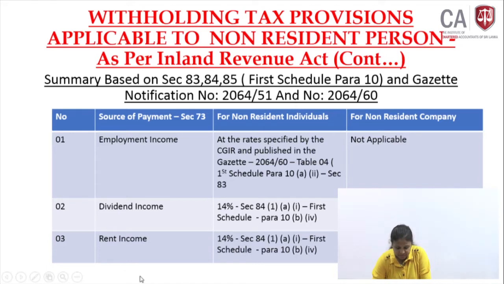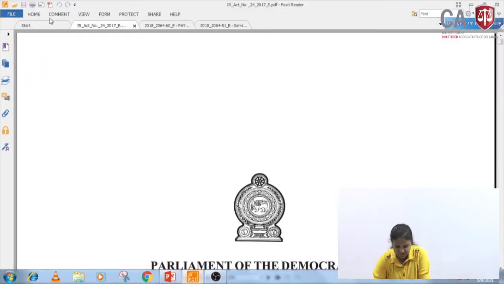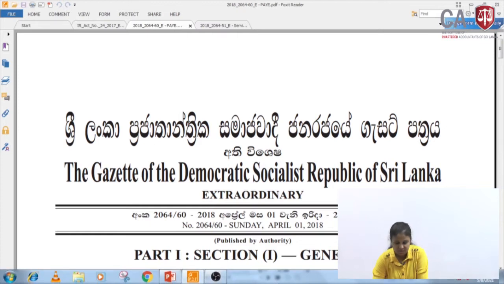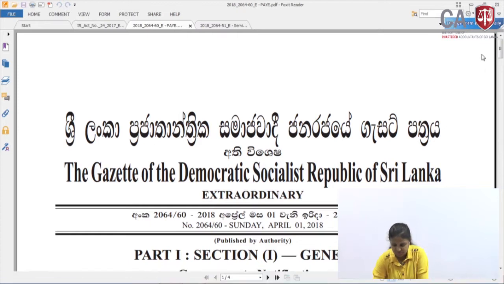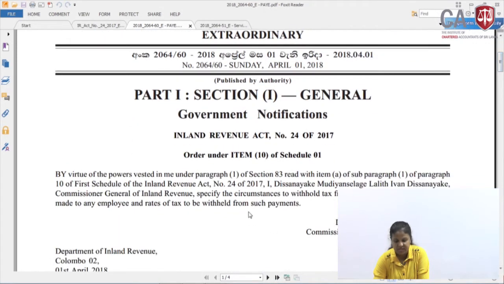Then we will go to the Gazette notification on PAYE. This is the Gazette notification with reference to employment income. I think you are all familiar with it. This is under item 10 of the first schedule, talking about the tax rates. Section 83 treats with item A of subparagraph 1 of paragraph 10 of the first schedule.